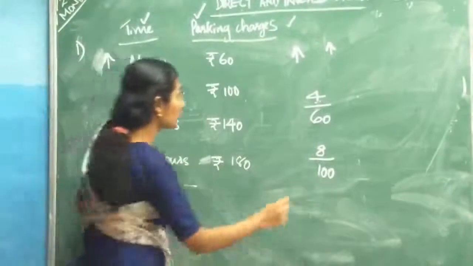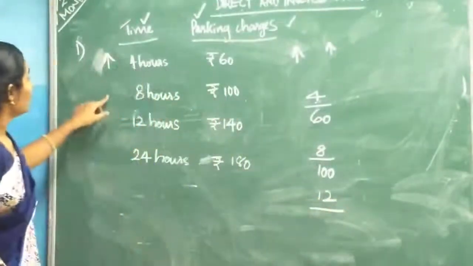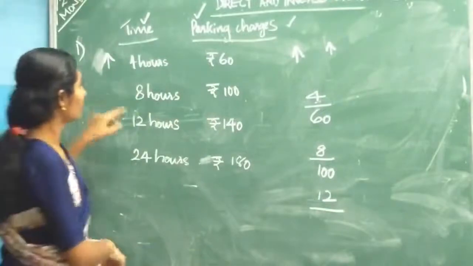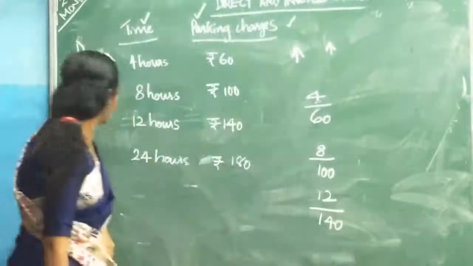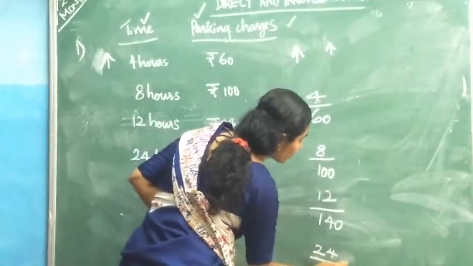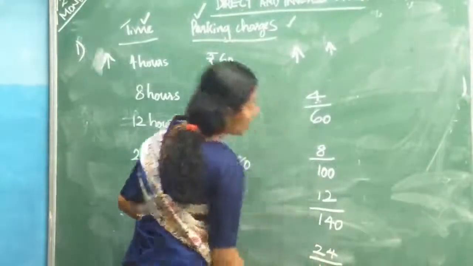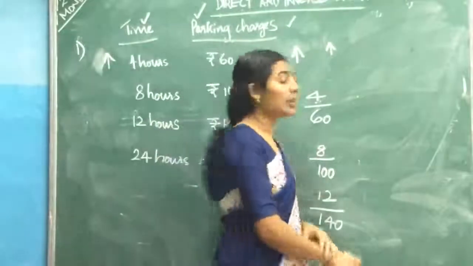The third ratio is 12 divided by 140. The fourth ratio is 24 divided by 180.